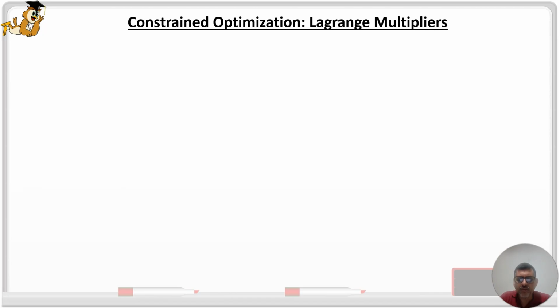In the context of regularization, we ran into a constrained optimization problem where we used the Lagrange multipliers. So the problem that we faced was as follows.